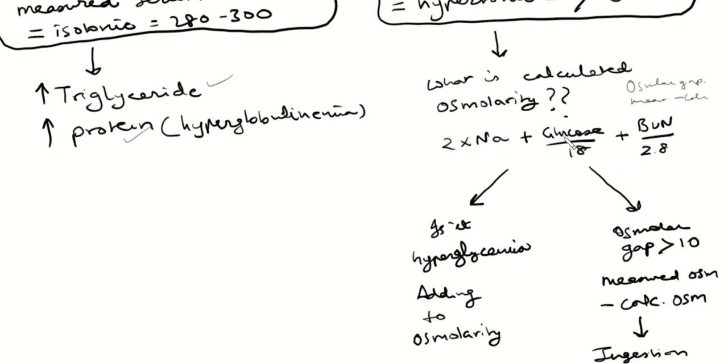This is the time we actually calculate the osmolarity: 2 times sodium plus glucose divided by 18 plus BUN divided by 2.8, and actually calculate the osmolar gap, okay, by measured minus calculated. If you look at labs in your hospitals, a lot of time this is given to you. Okay?